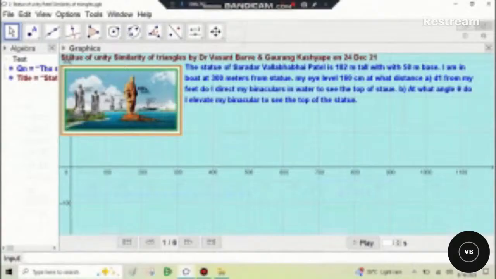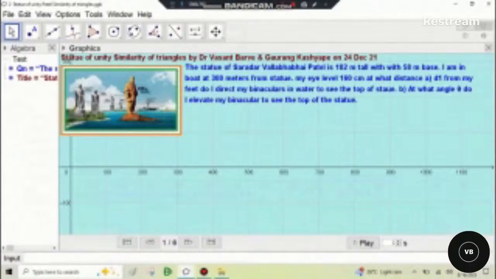You are aware that recently India has established statue of Sardar Vallabhbhai Patel at Ekata Nagar, which is now the tallest statue of the world. And you know that Sardar Patel was the person who united about 400 states to make our Bharat. The statue of Sardar Patel is 182 meter tall with 58 meter base.